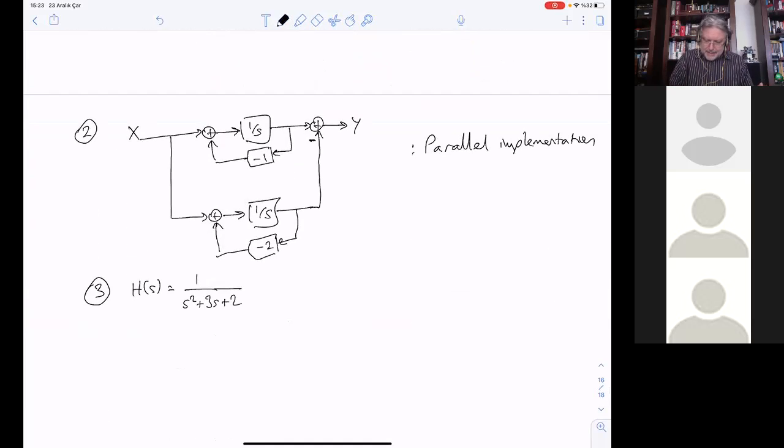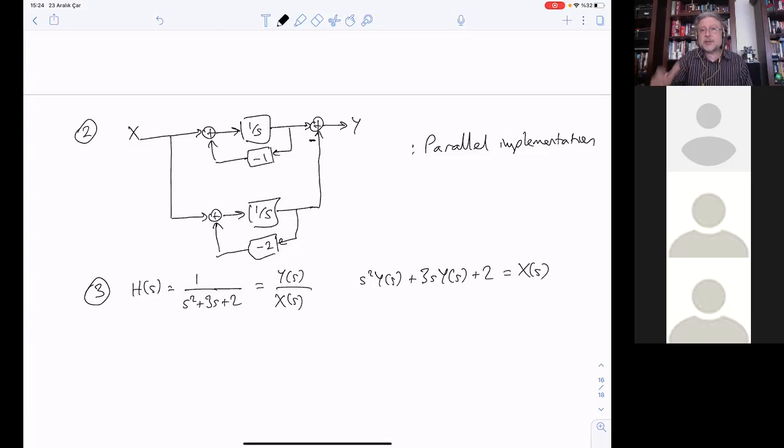Now, how can I make this kind of implementation without a cascade form or a parallel form? It would be named, by the way, direct implementation, direct form implementation. This is equal to y of s over x of s, and it makes s squared y of s plus 3s y of s plus 2 y of s is equal to x of s.